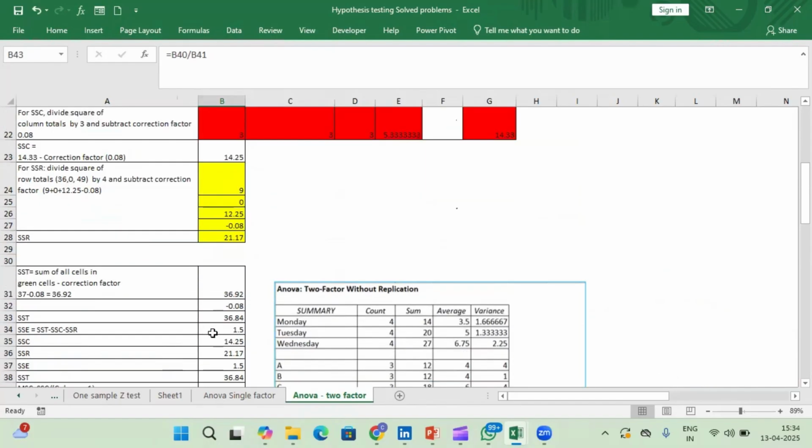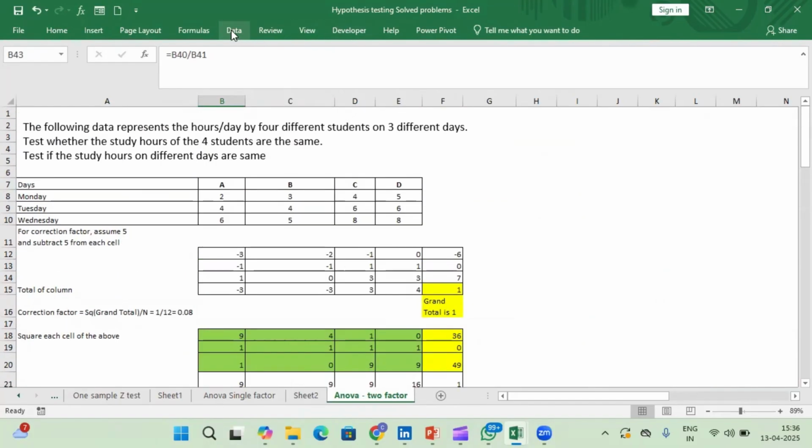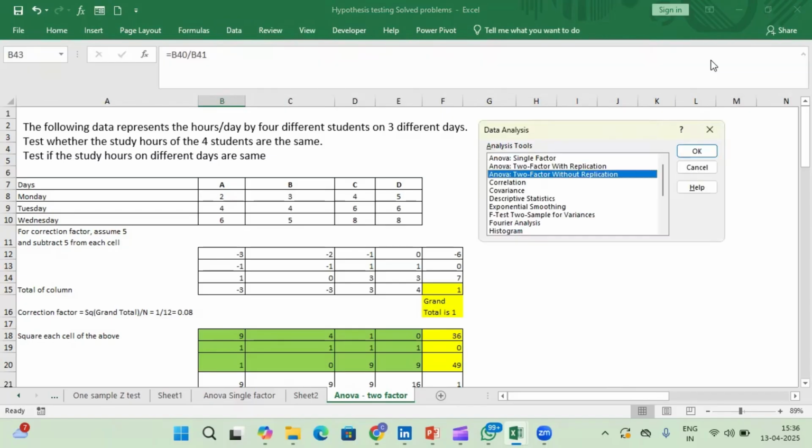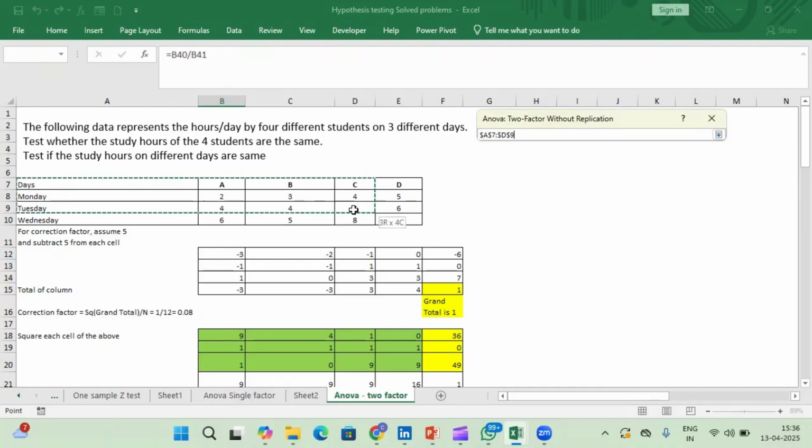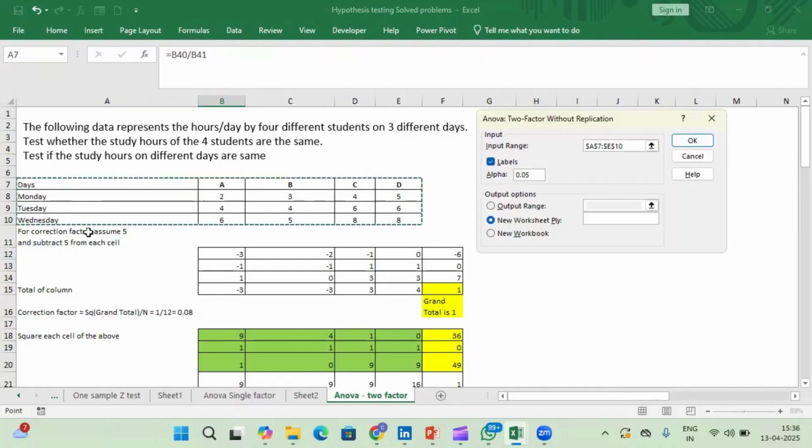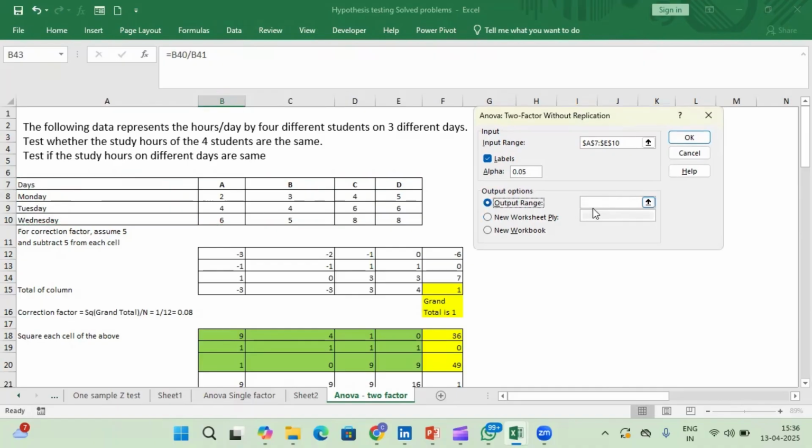If I had to do it by Excel, Data Analysis, ANOVA two factor without replication. Take the entire data, including the row headings, and give the output range in a new worksheet.